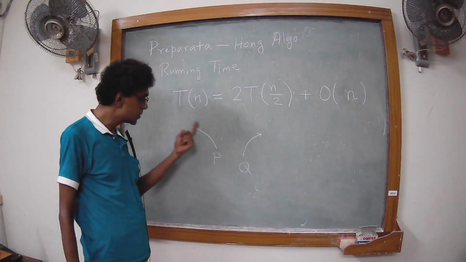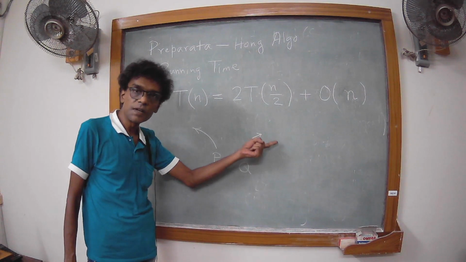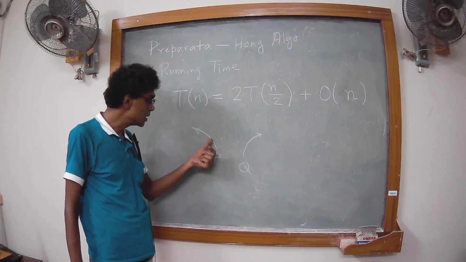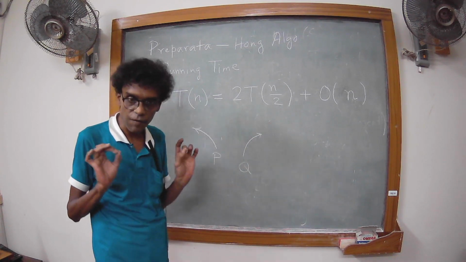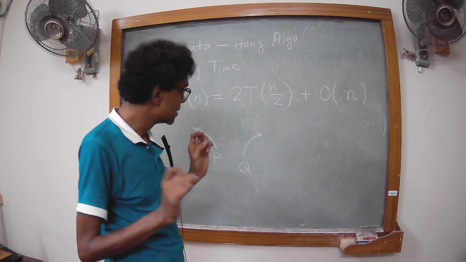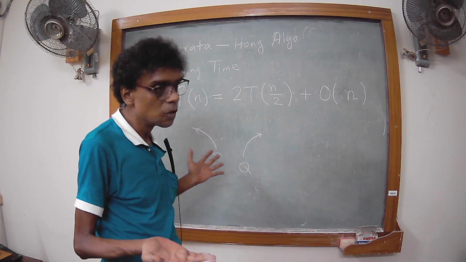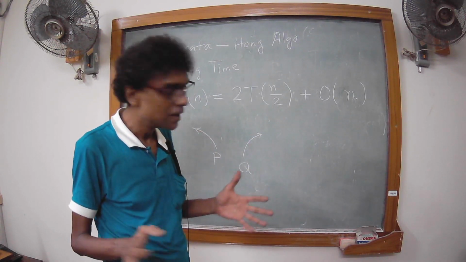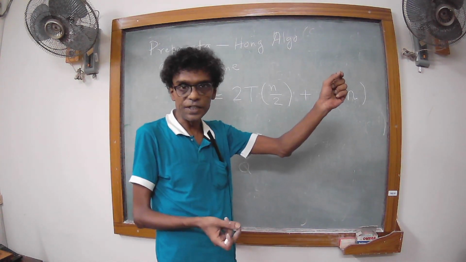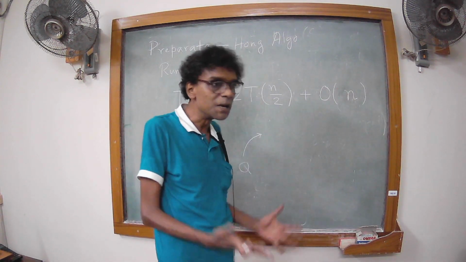This march is always in one direction, this march is always in one direction, and before each stepping, you are making a constant amount of work, and there cannot be more than n steppings of P and Q together, because there are n points.